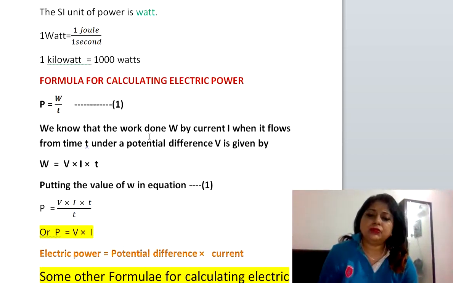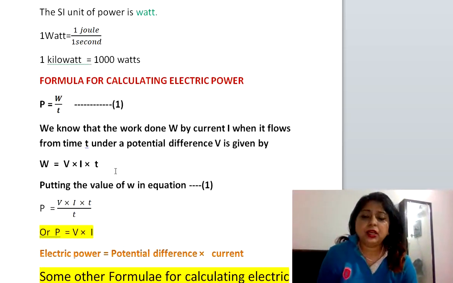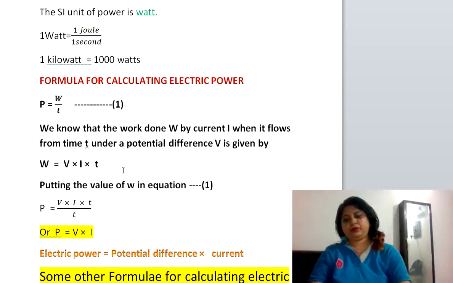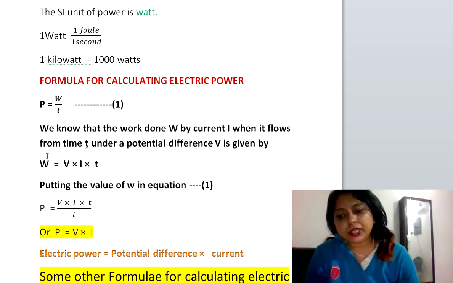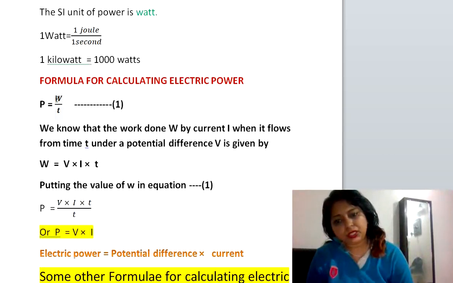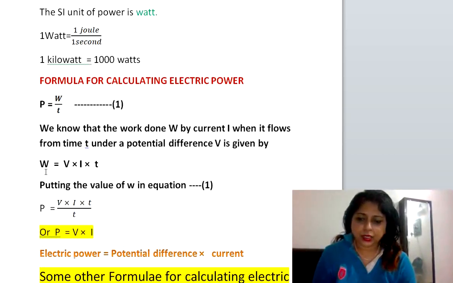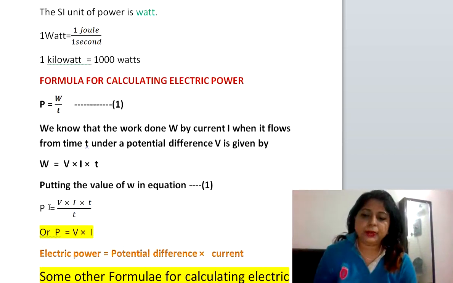And we know that work done W by current I when it flows for time T under a potential difference V is given by W equal to V into I into T. Putting the value of W in equation 1. Because W equal to VIT, so at the place of W, P equal to V into I into T upon T. It is clear? Just look again, I repeat it.